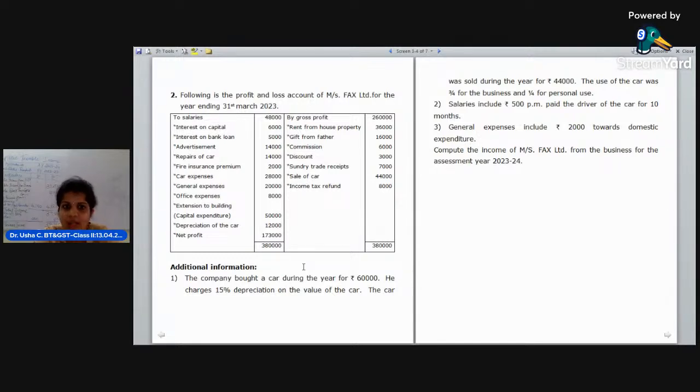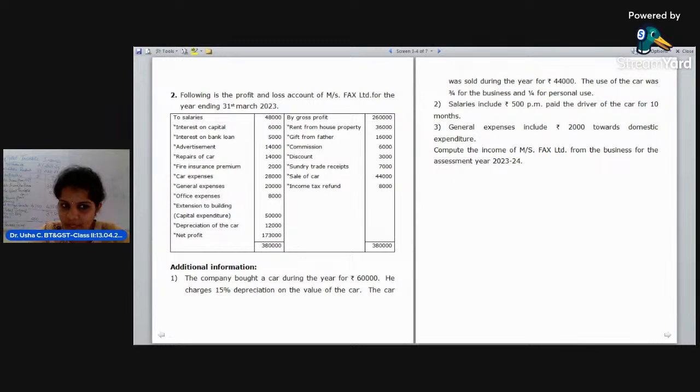That is also always gift received. Gift from father, what do we have to do? Will you tax it under other sources? If any amount of gift is received from the father, for pocket money or a gift your father is going to give you, will you take that under other sources?